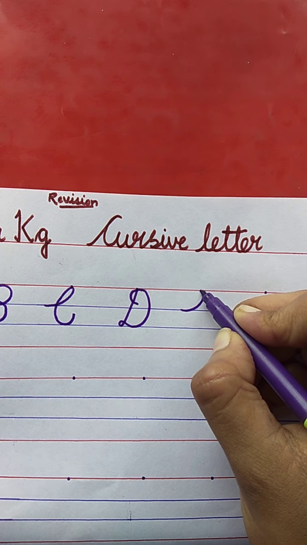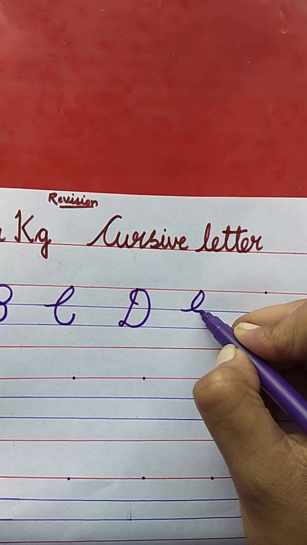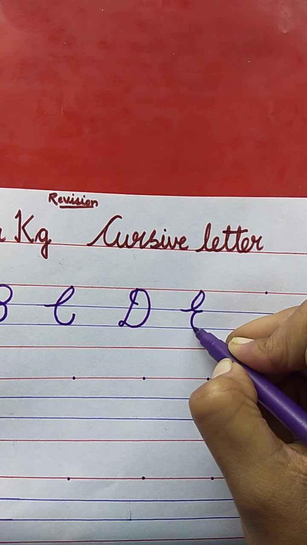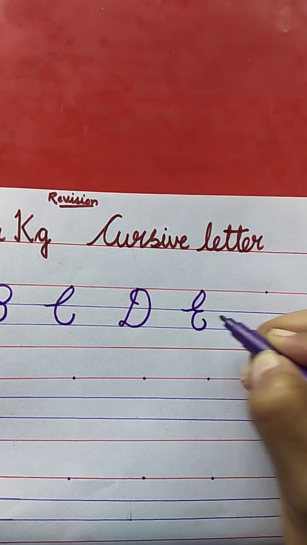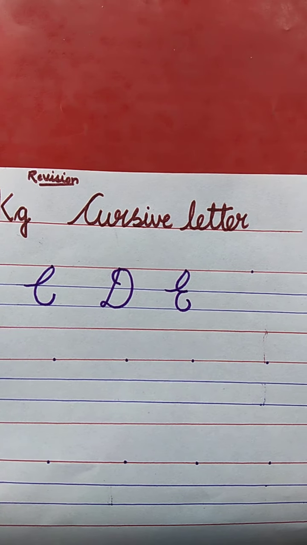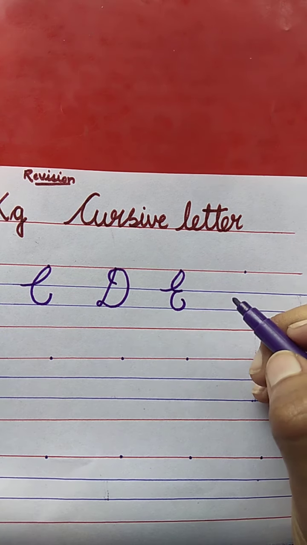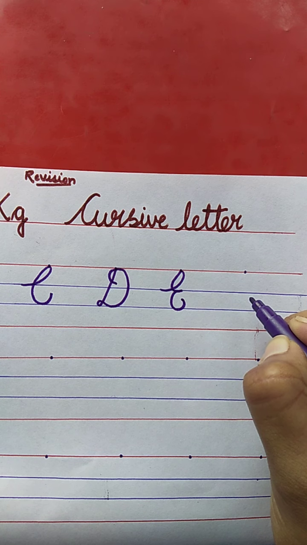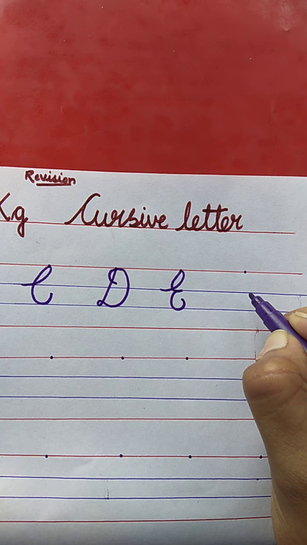Now the next letter is E. E for elephant. Draw a curve, semicircle, one more semicircle and stop here. E for elephant. The spelling of elephant is E-L-E-P-H-A-N-T. Elephant.